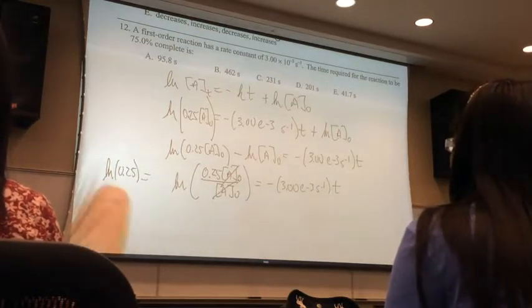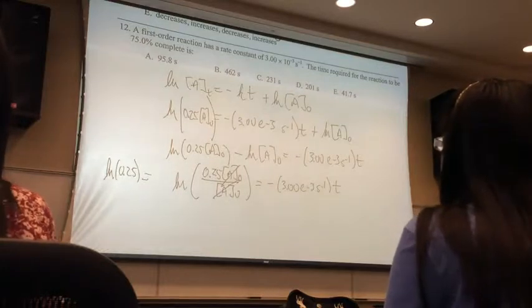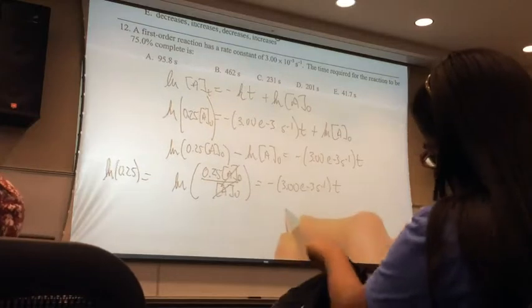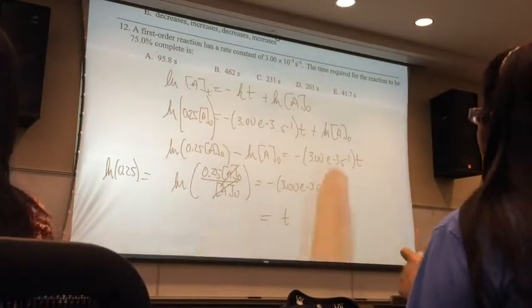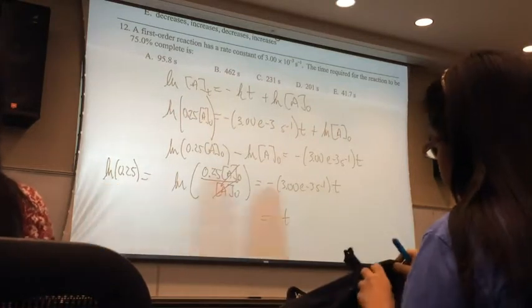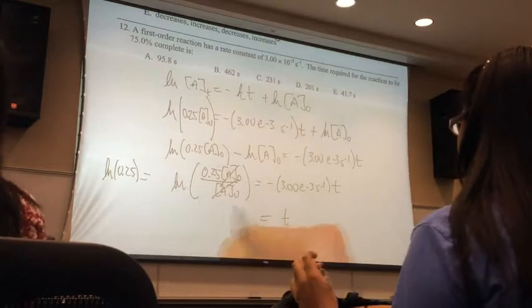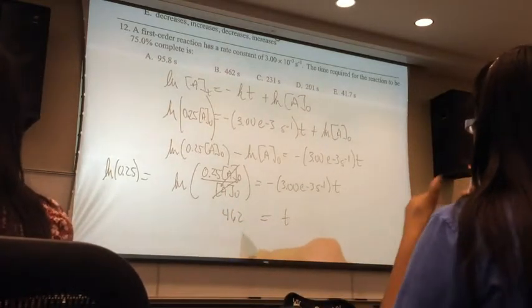We're going to divide this by 3 times 10 to the negative third, and get a t of, and your 3 sig figs is what's going to come out of here. And then you're going to end up with 462.